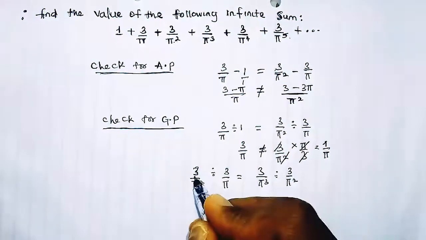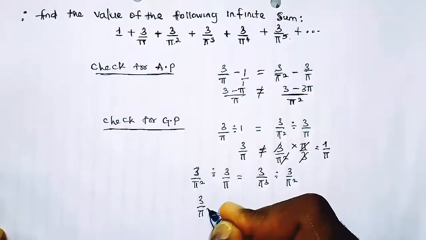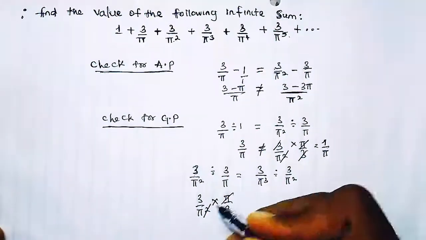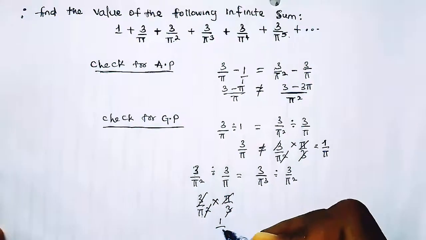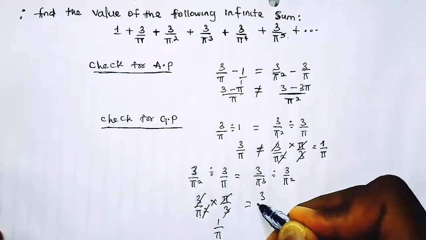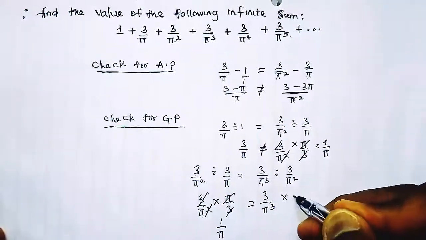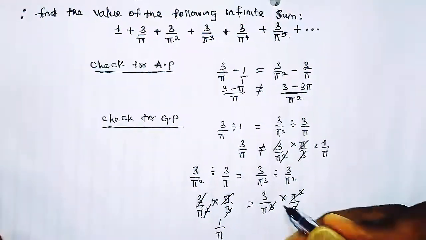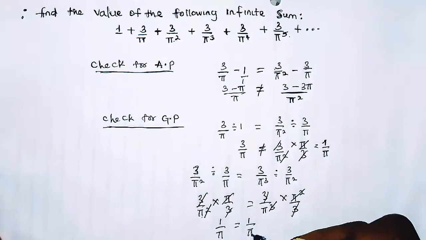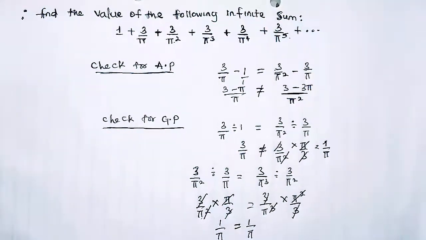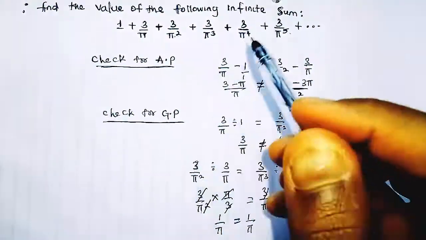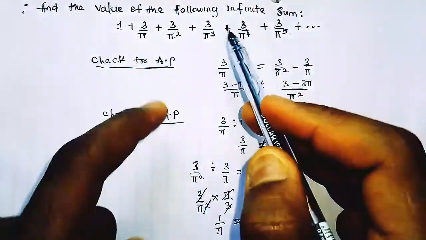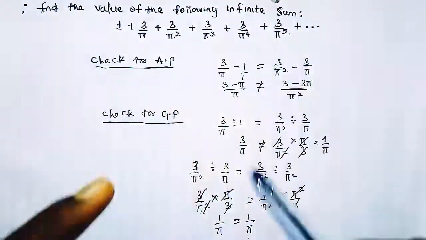This divided by this gives me this times pi over 3. Pi in pi cancel, this cancels this, that's 1 over pi. For the other one, this divided by this times pi over 2 divided by 3, I'm left with only 1 over pi. So you see that they gave me equal answers.